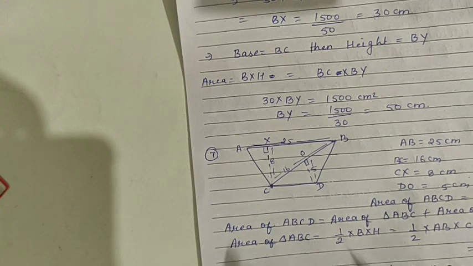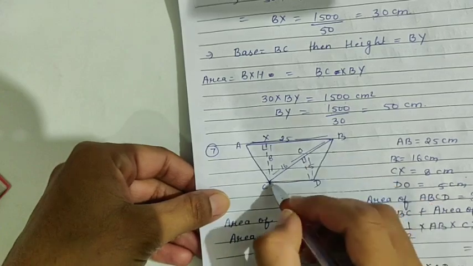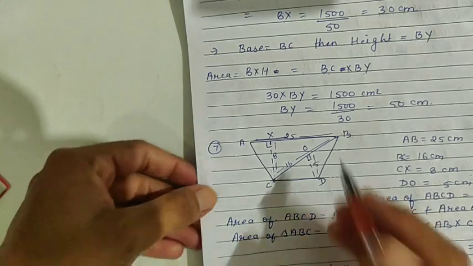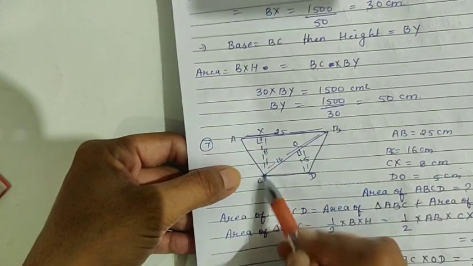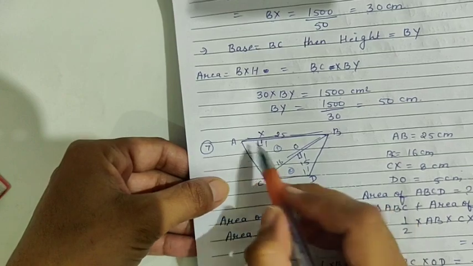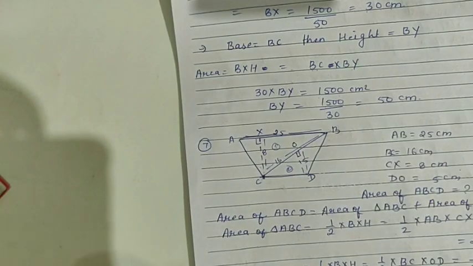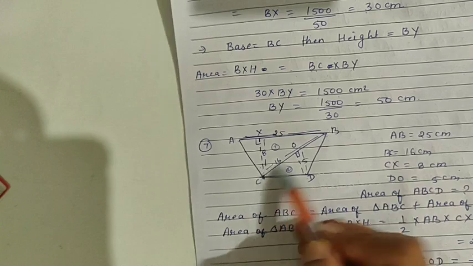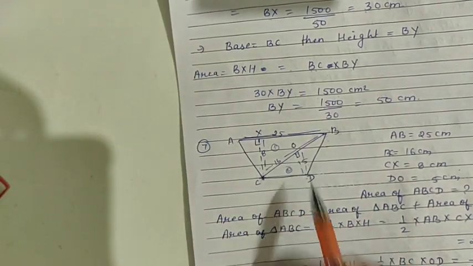quadrilateral. Quadrilateral is ABCD. Students, this is a triangle ABC, and this is a triangle BCD. Area of this quadrilateral ABCD is equal to area of triangle ABC plus area of triangle BCD. AB is 25 centimeter, BC is 16 centimeter, CX is 8 centimeter, and DO is 5 centimeter.